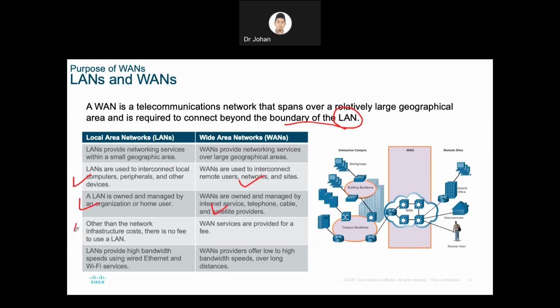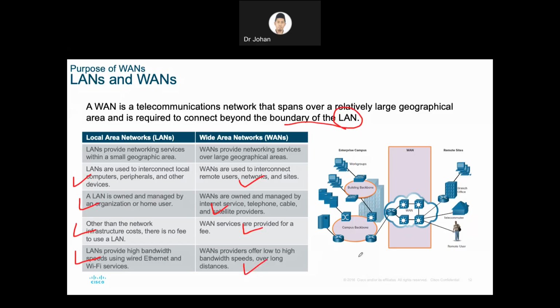Other than network infrastructure costs, there is no fee to use a LAN, whereas WAN services are provided for a fee. LANs also provide the highest bandwidth speed via Ethernet and Wi-Fi, but WAN providers offer low to high bandwidth speed over a long distance.